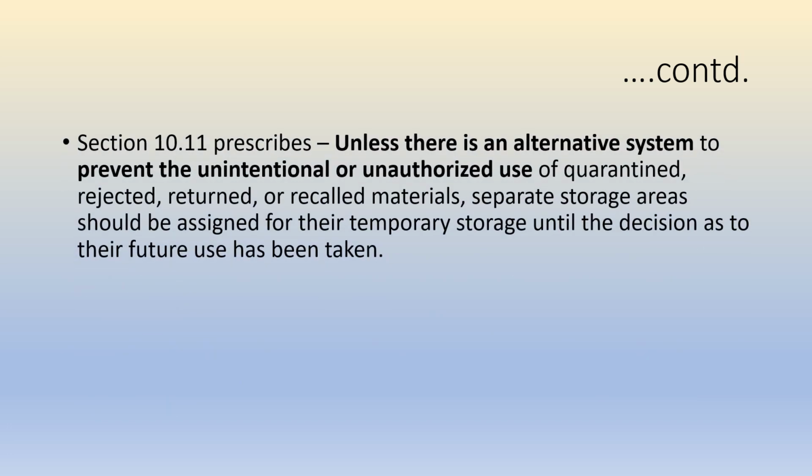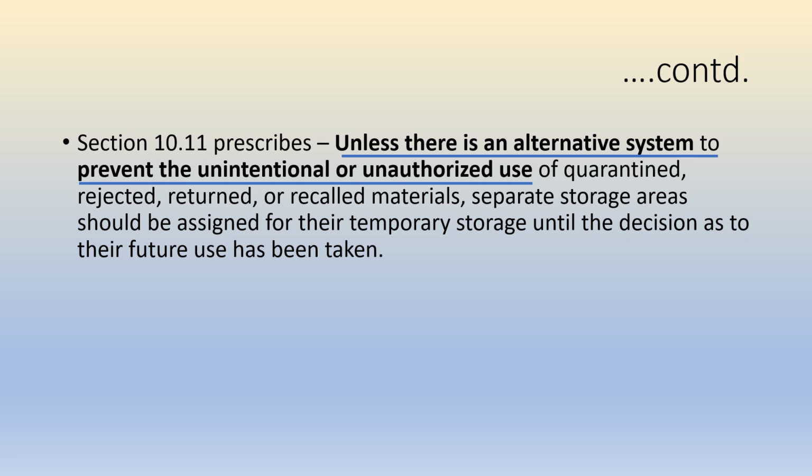Section 10.11 prescribes that unless there is an alternative system to prevent the unintentional or unauthorized use of quarantined, rejected, returned, or recalled materials, separate storage areas should be assigned for their temporary storage until the decision as to their future use has been taken.